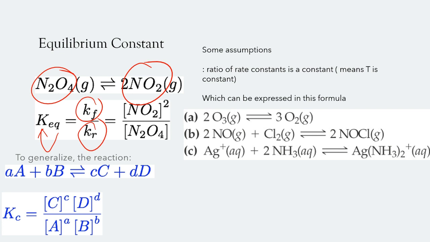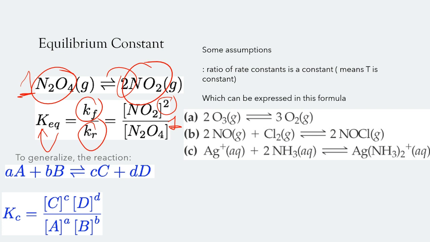And since it's a concentration, it's going to be written this way: NO2, and then the coefficient, which is a number, becomes a power, so it turns into 2. And then the N2O4, technically you have 1 there, it's going to be raised to a power of 1.